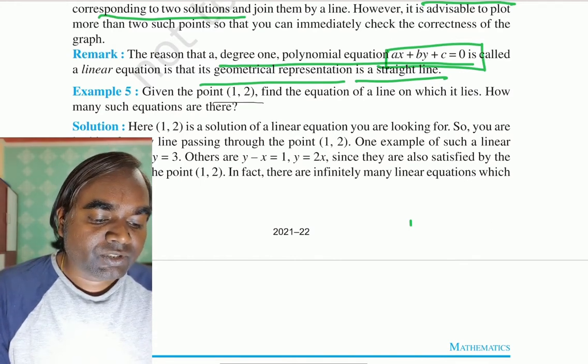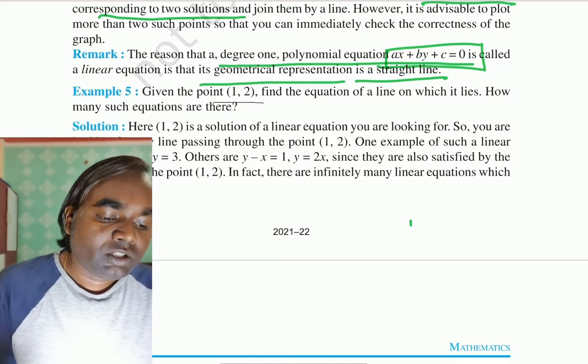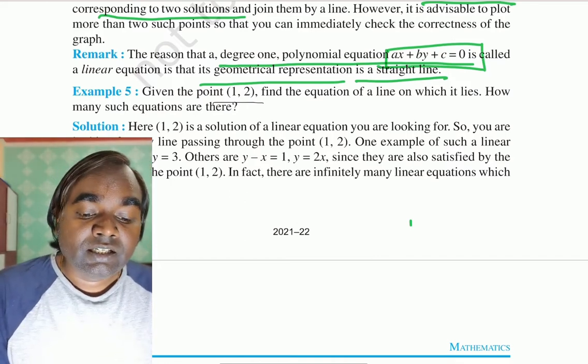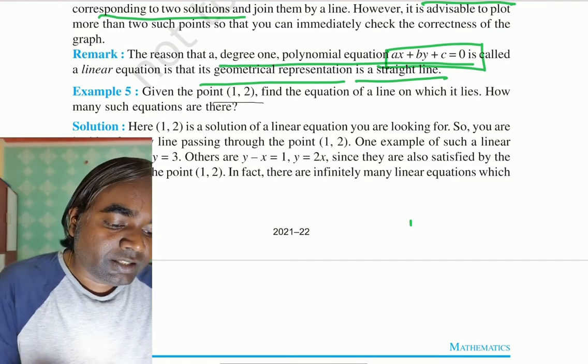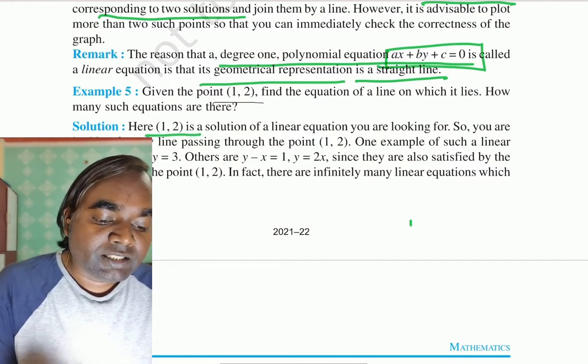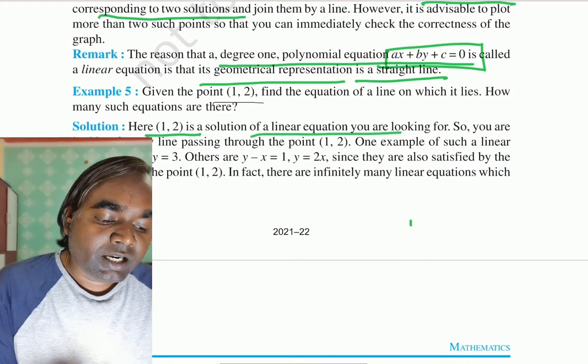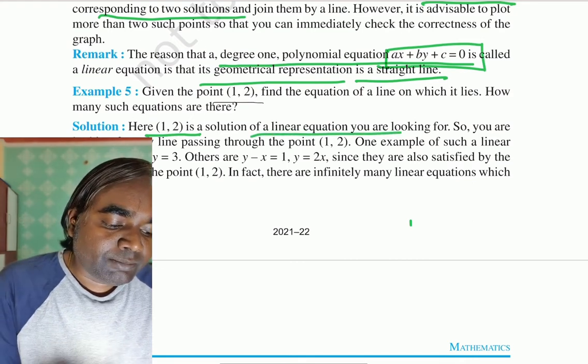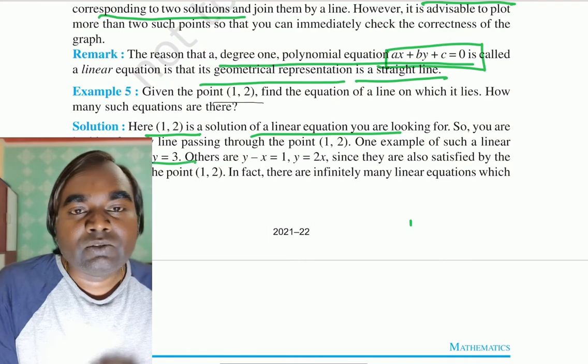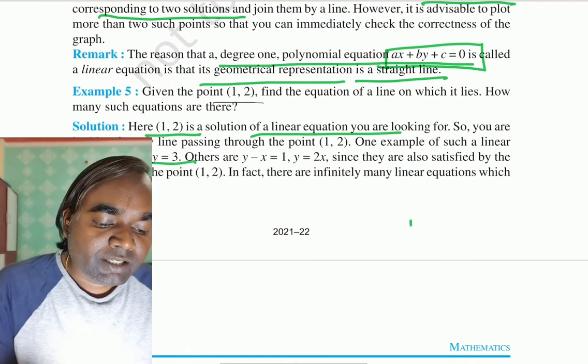How many such solutions are there? So you are given a point and you have to find the equation for a line on which it is lying. Here 1 comma 2 is a point, a solution of a linear equation, and that linear equation can be given like this: x plus y is equal to 3, y minus x is equal to 1, and y is equal to 2x.